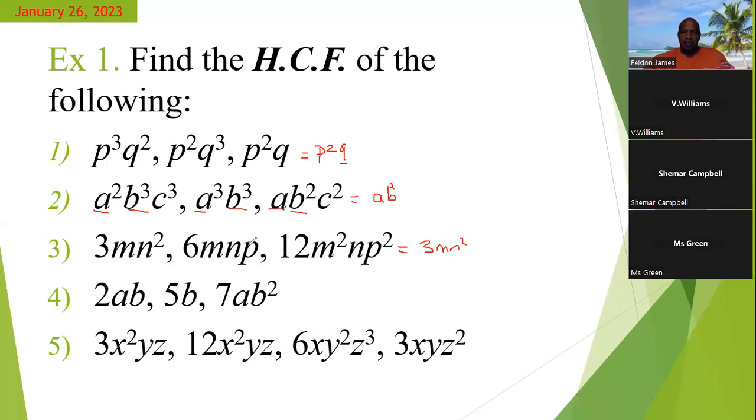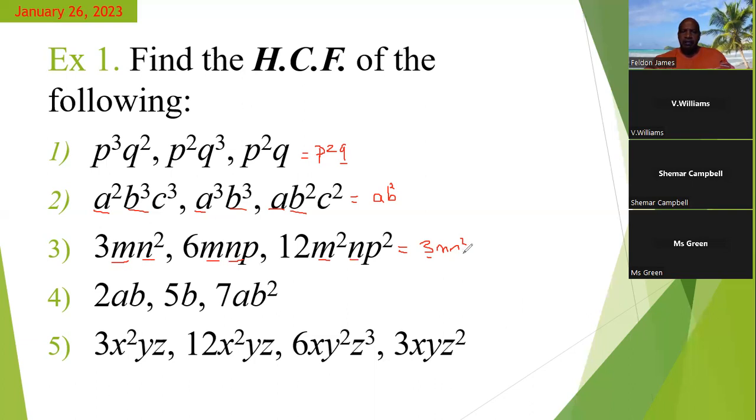So for the numbers, yes, 3 is okay. For the letters, what are common? M is common right through all the way, right? The lowest power of M is just M. Now, N is also common right through, but the lowest power of N here is what?